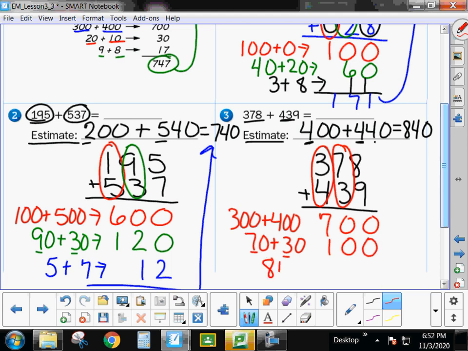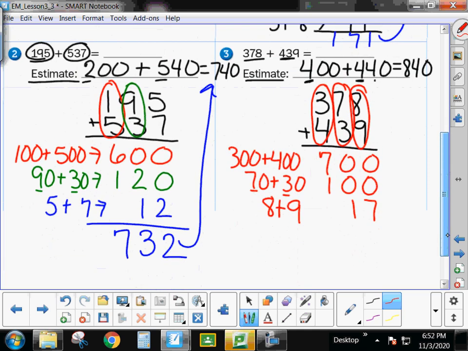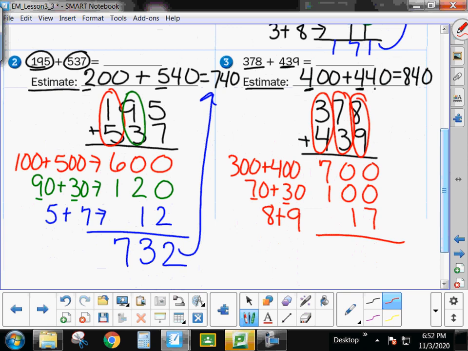And then when I add my 8 plus my 9, I've got 17. Make sure you keep those place values all lined up. So now I can add my hundreds and my tens and my ones. And my answer is 817. And is that pretty close to my estimate of 840? And that is pretty close, isn't it?